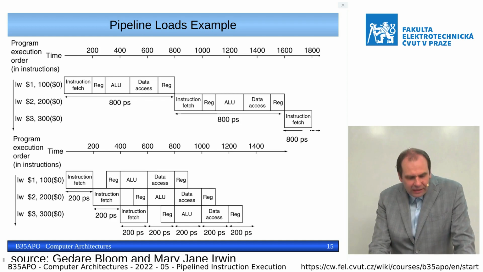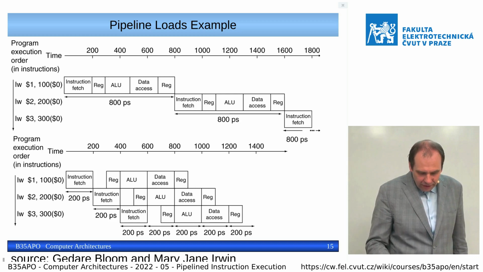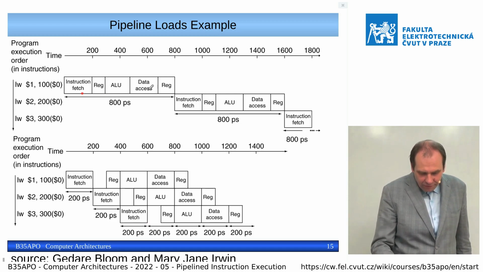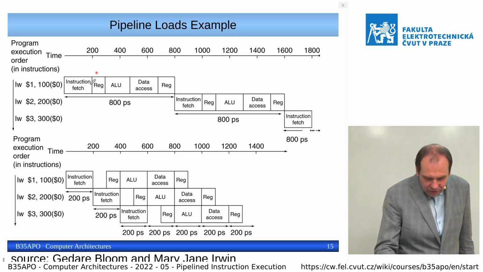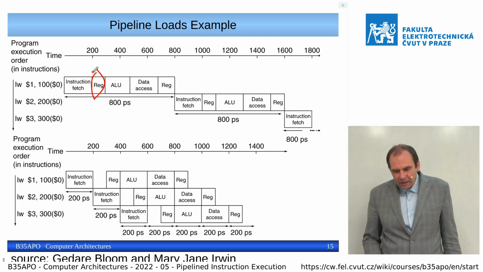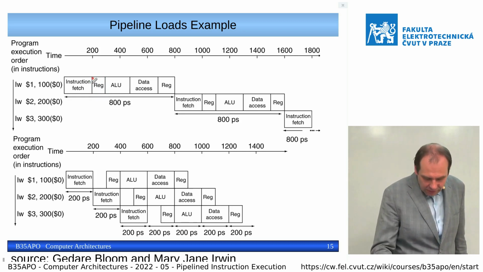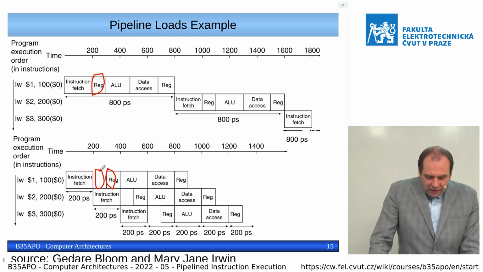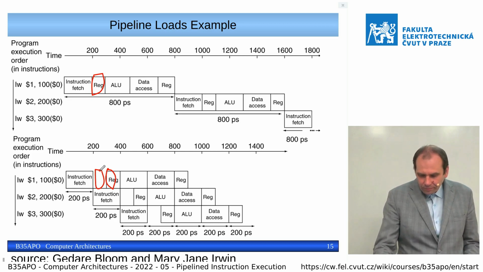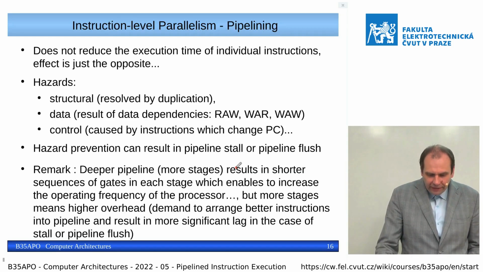So we speed up the processing by 4, not by 5, even though we have 5 stages, because some of those times are not divided equally. Some, like register read, take a short time, so dividing them into parts doesn't help so much in this case. But we have a speed up by 4, which is not bad.